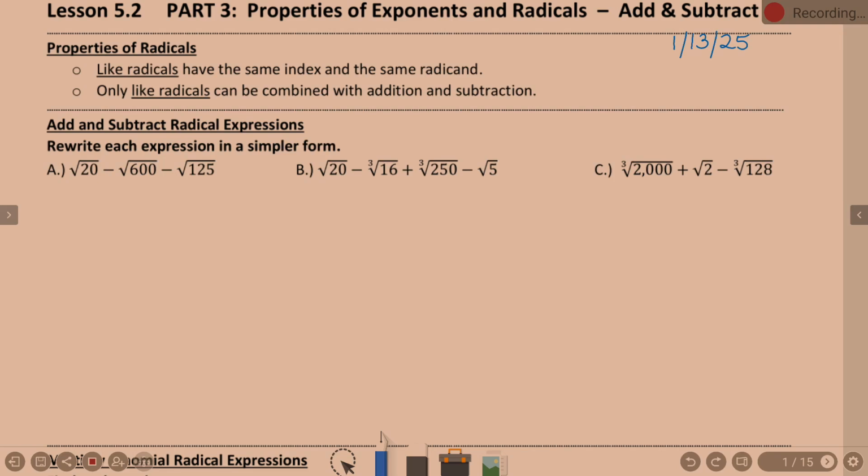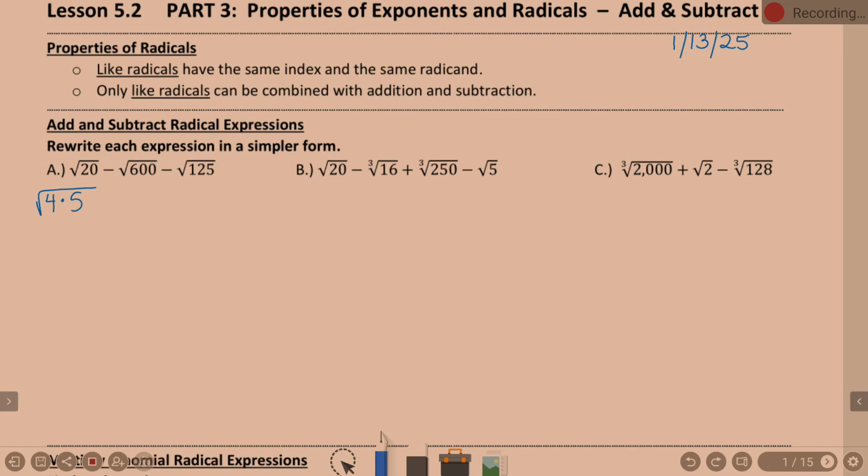Yeah, it does. What perfect square, go to your blue paper if you need to, divides into 20? 4. 4 divides into 20 from my list, yes. So let's work with what we were doing the other day. Square root of 20 is 4 times 5.